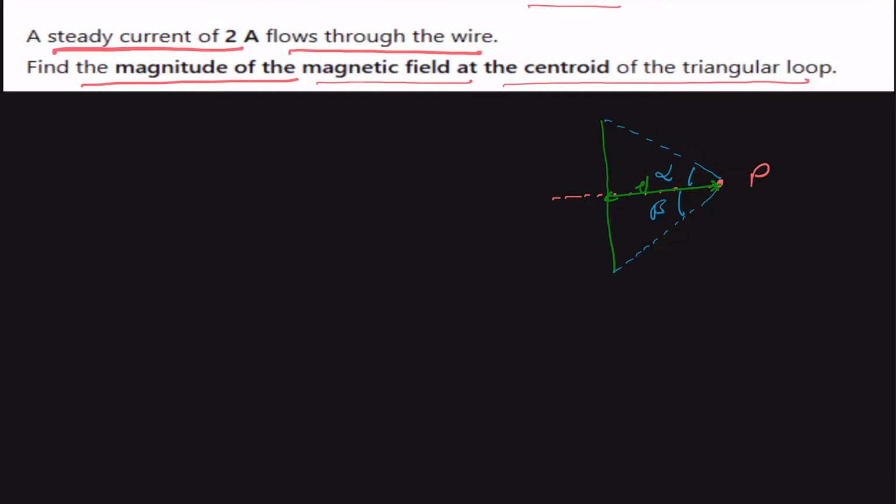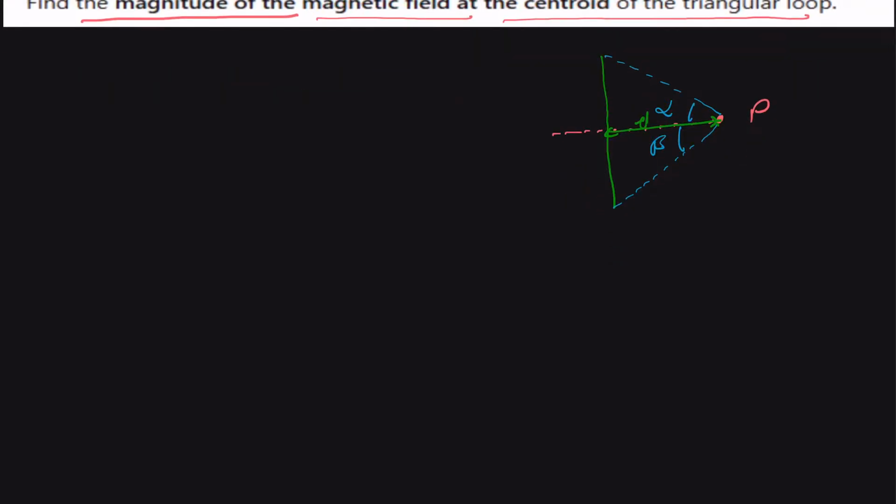Therefore we can write that the magnetic field at point P, let us suppose that is our B, will be equal to mu naught I upon 4 pi d times sine of alpha plus sine of beta.